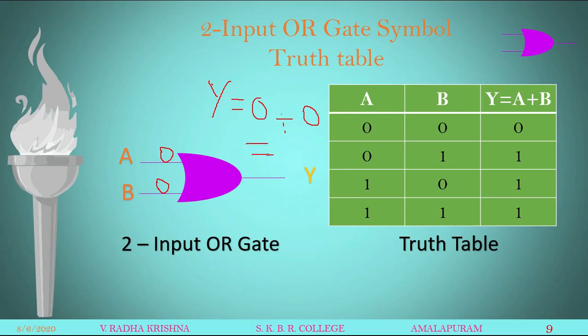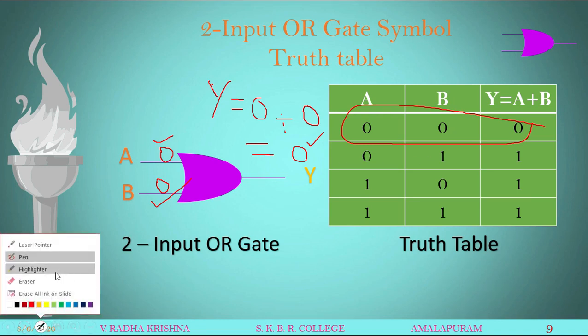Hence output of OR gate is 0 when A is equal to 0 and B is equal to 0. Thus, first entry is verified. So, what is first entry? A is equal to 0, B is equal to 0, then Y is equal to 0. So, this entry is verified.